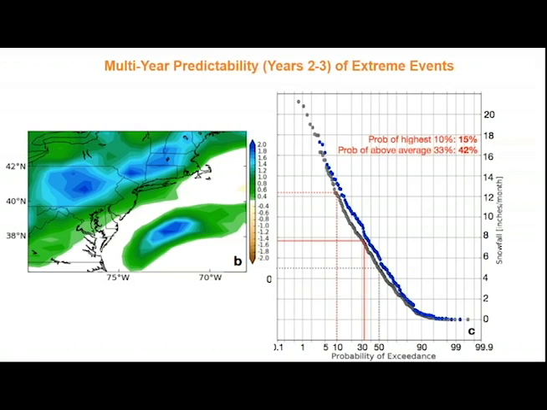And then this is showing you the probability of exceeding. The climatology is in gray, and the cases that are tied to undulations in the Gulf Stream are in blue, showing that we're increasing the probability of extreme snowfall in the Northeast, evaluated over a 2 to 3 year period. And so these are things that come in these high resolution models.